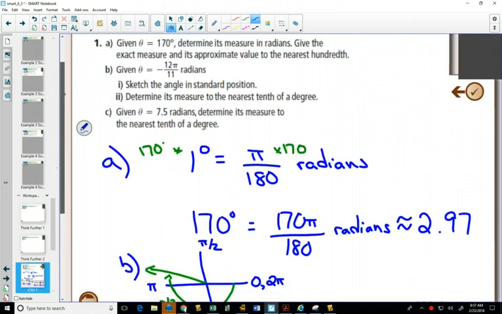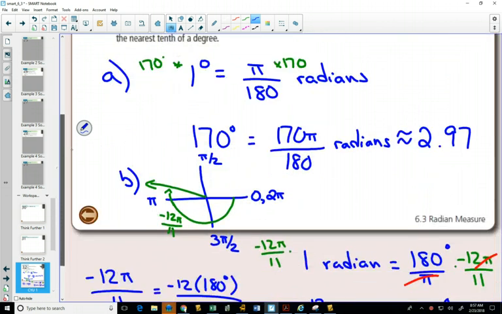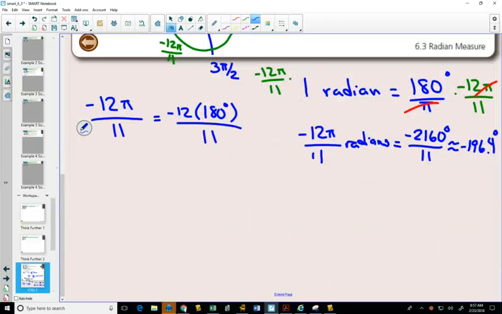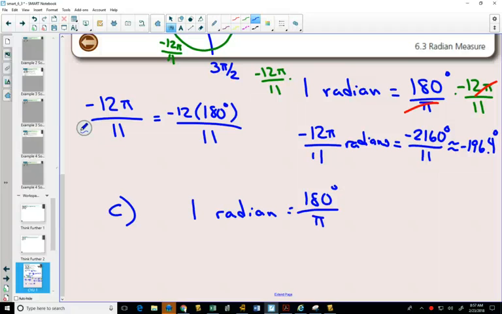Question C, we want to change 7.5 radians to the nearest degree. Well, we know that 1 radian is equal to 180 over pi degrees. Sometimes if you're trying to go to the ratio directly, another way that can help you remember is that 1 radian is just a little bit less than 60 degrees.